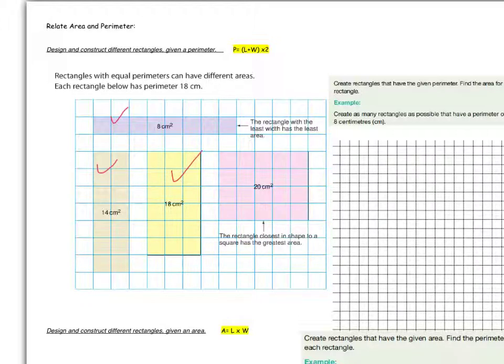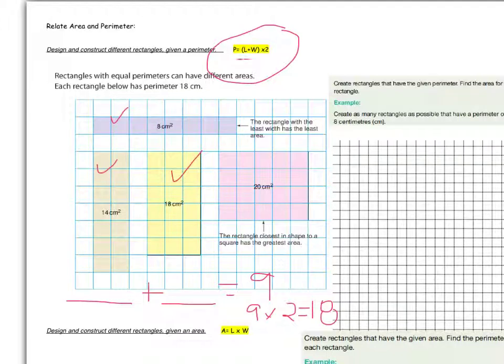So what you're probably noticing is something plus something has to equal 9, because we know that 9 times 2 is 18, and if we look at our formula here, length plus width times 2 is our perimeter. So we can take the 2 and divide by 2 to figure out what our length and width would have to be.